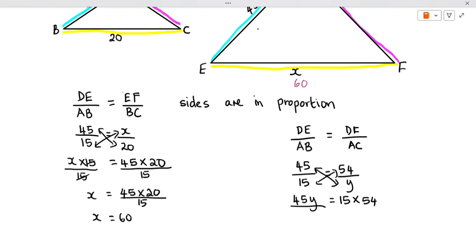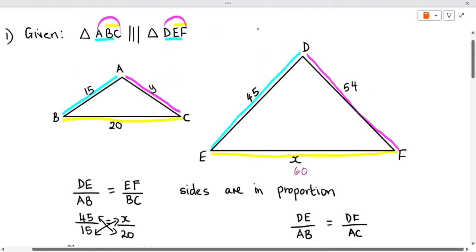Then we divide by 45, and we divide by 45. That will cancel out, and we're left with Y is equal to, let's work that out. So basically we're going to say 15 times 54 divided by 45, and we get 18. Y is equal to 18. So here I'm going to write 18.